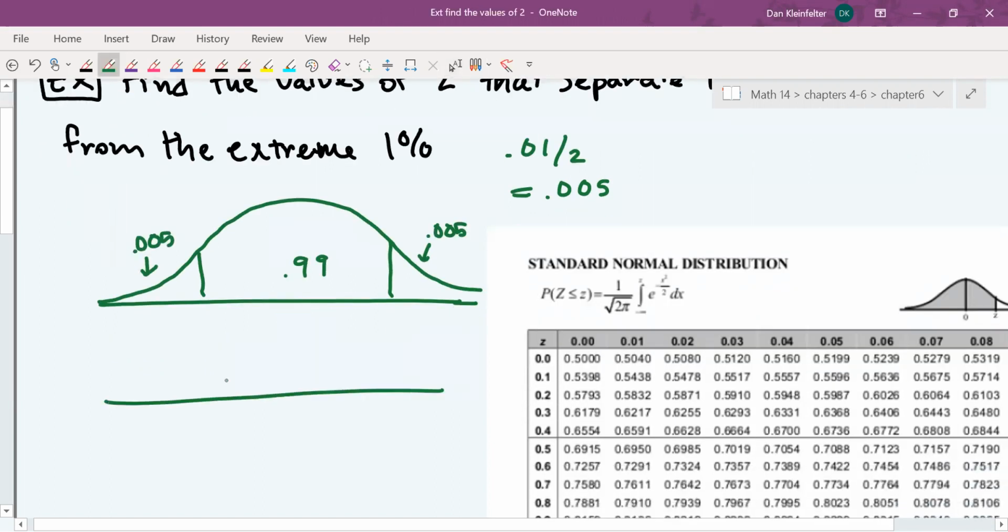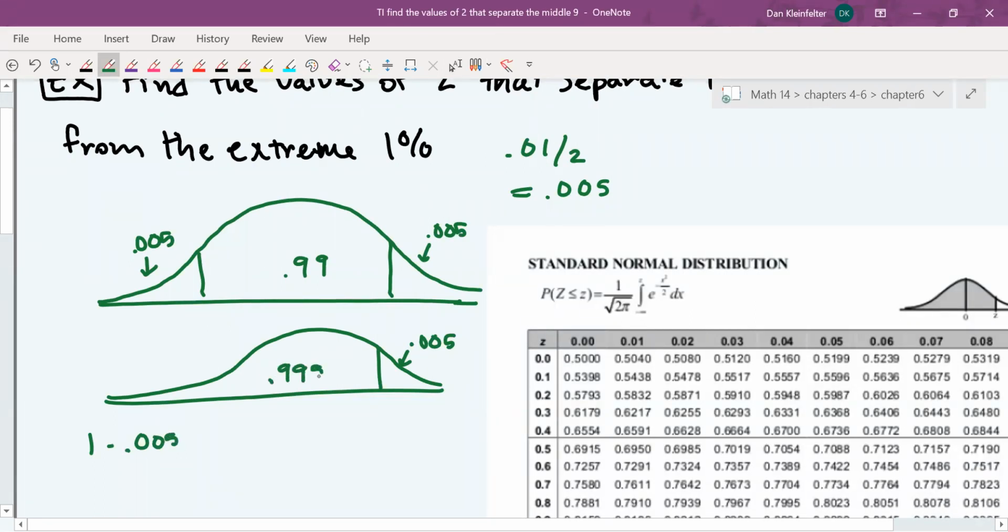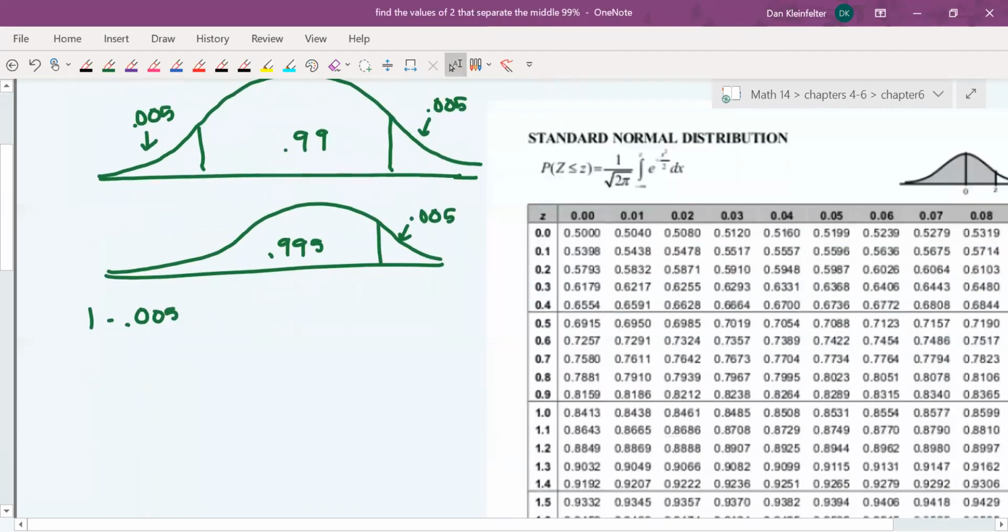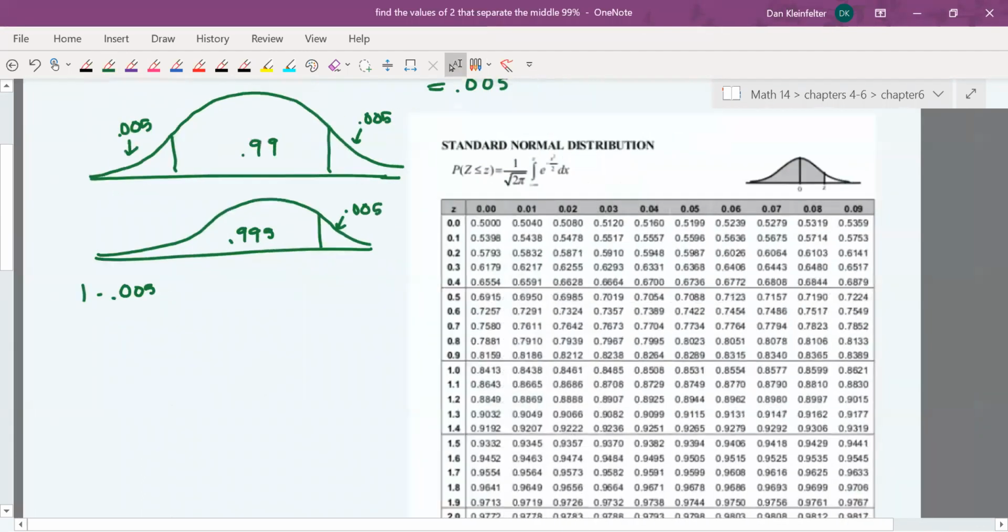So then once again, we know that our table tells us the area up to a positive Z. So subtracting that right tail's 0.005 from 1, we should have 0.995 to the left of the Z that we're looking for.